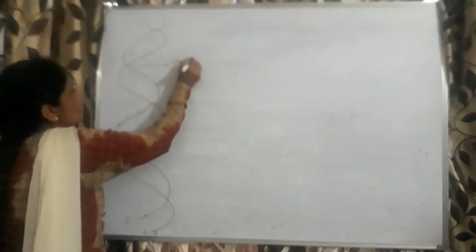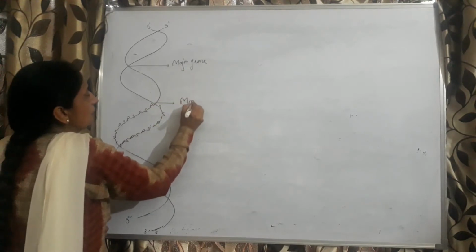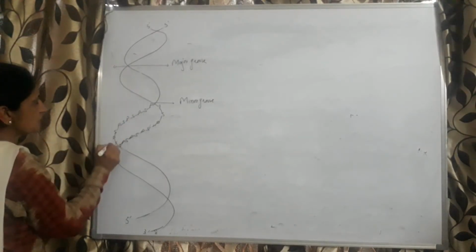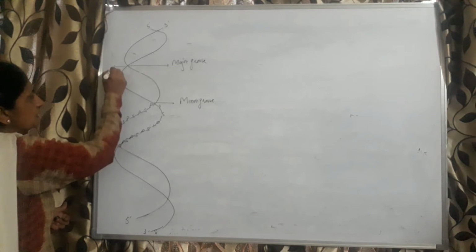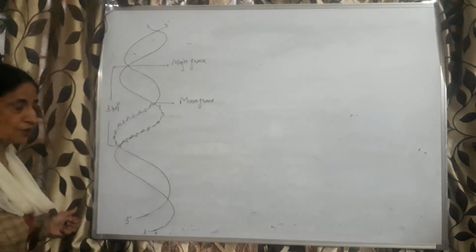This is the major groove, this is the minor groove. The space between two adjacent major grooves or two adjacent minor grooves is one complete turn. This occupies a space of 34 angstrom units.